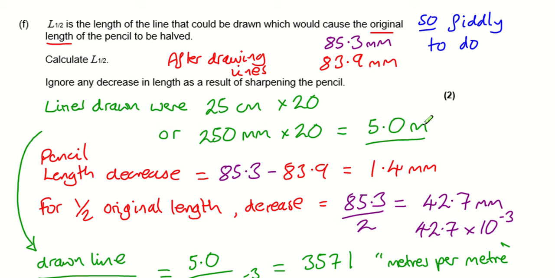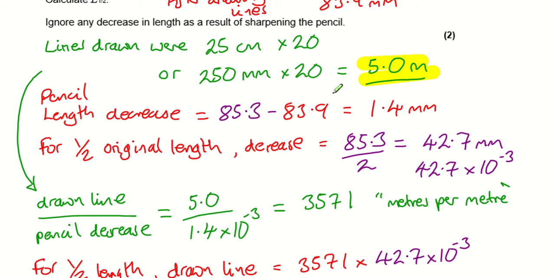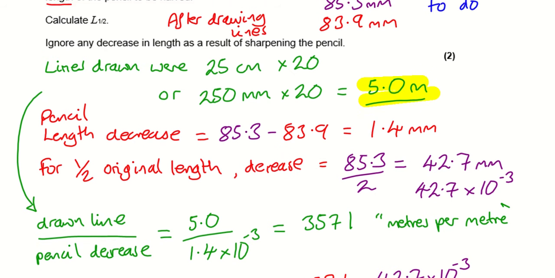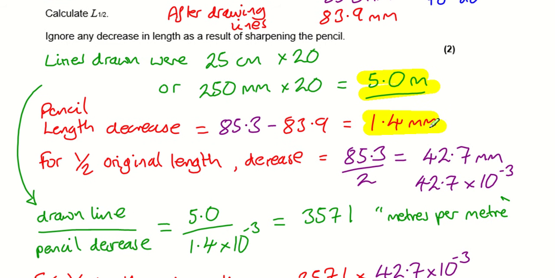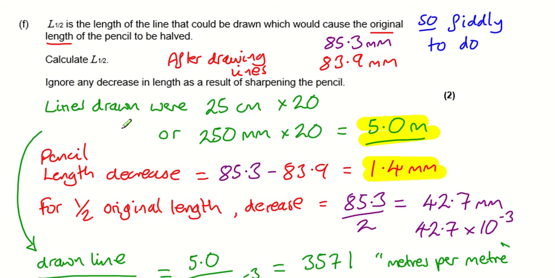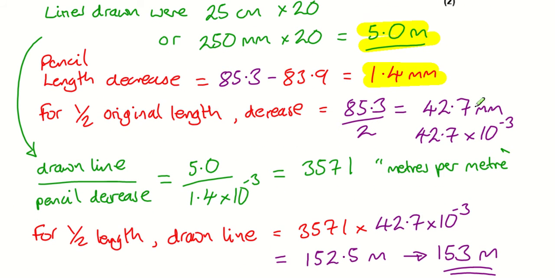It's 5 meters. When they did that, the pencil length went down by 1.4 millimeters, the difference between those two. To get it down to half its original length, you go back to the original length, 85.3. Half of that, you've got to wear away 42.7 millimeters of your pencil.